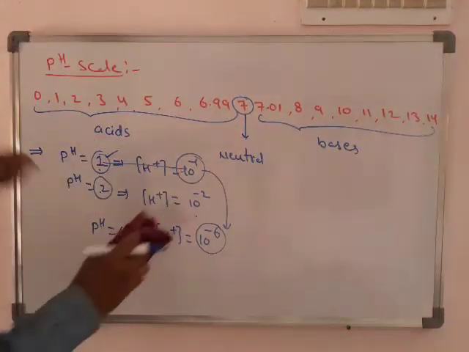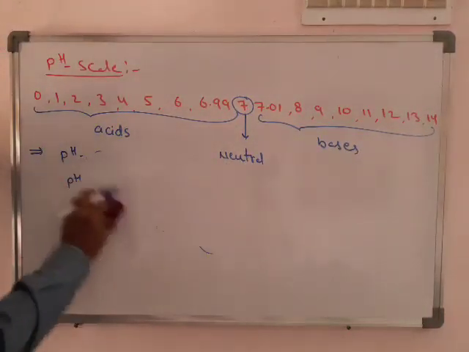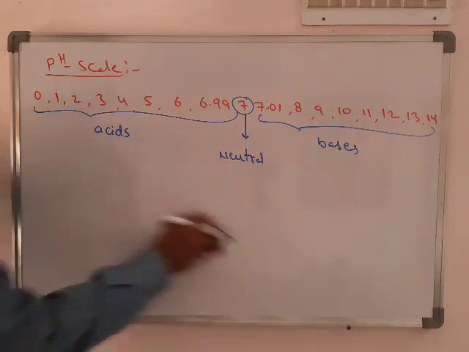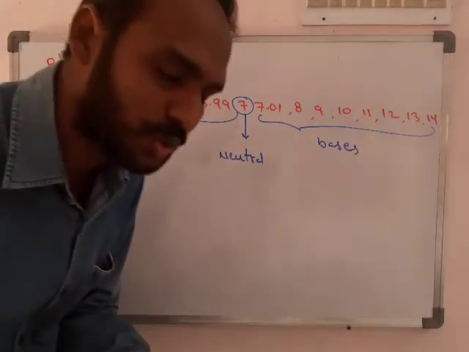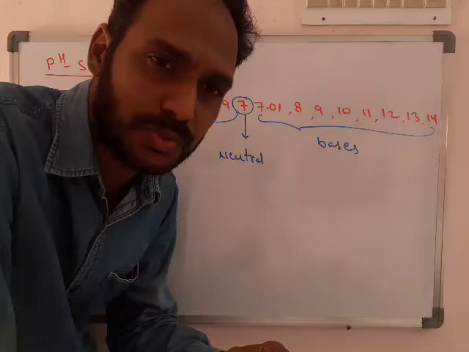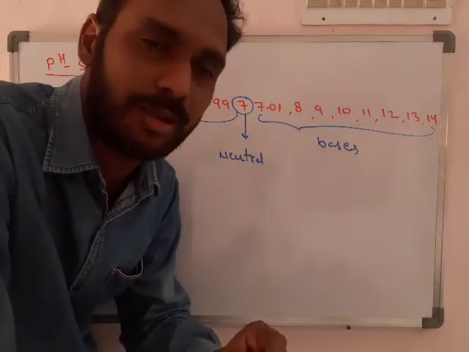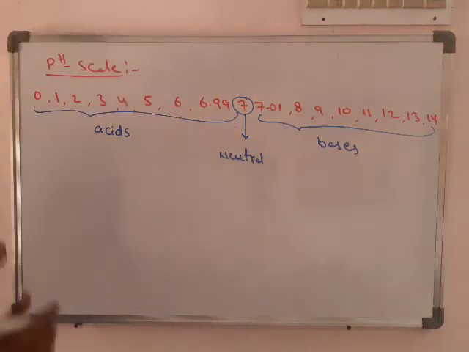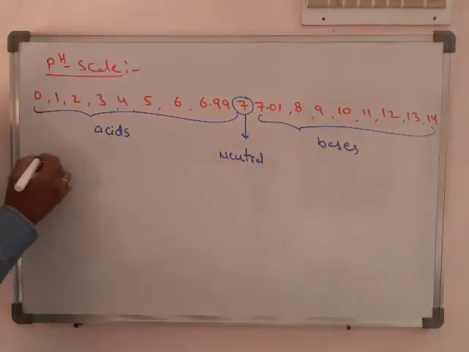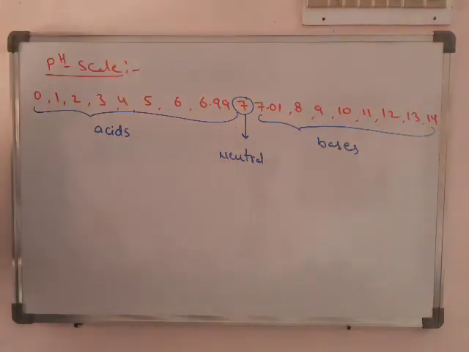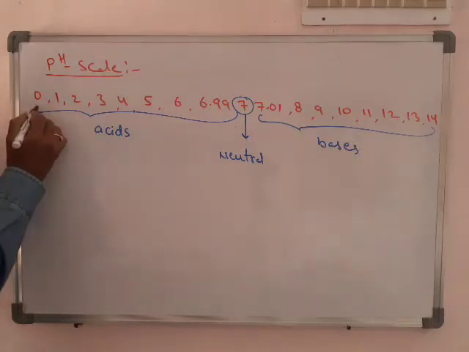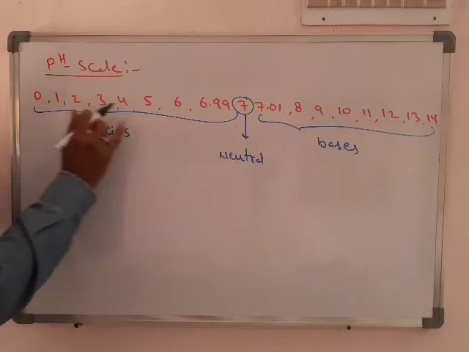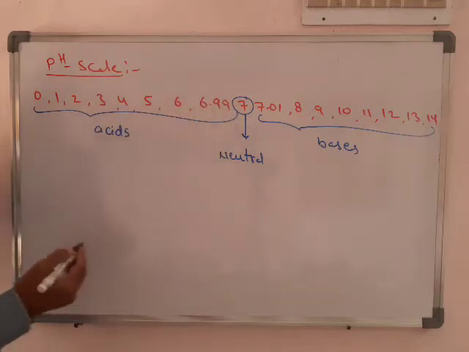This pH is useful not only to compare acids, bases and neutral solutions, but also to compare the strength of acids and bases. From left to right, 0 is the strong acid, then 1, 2, 3. As pH increases, acidic strength decreases.